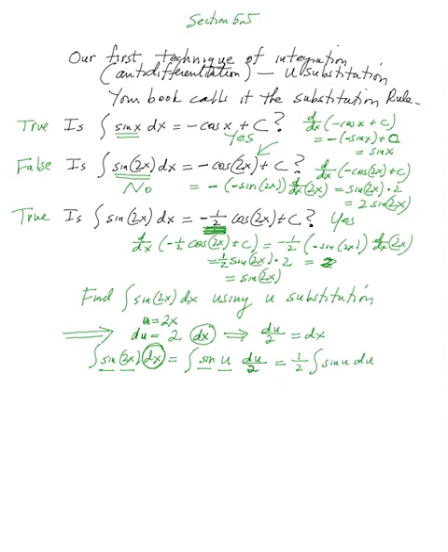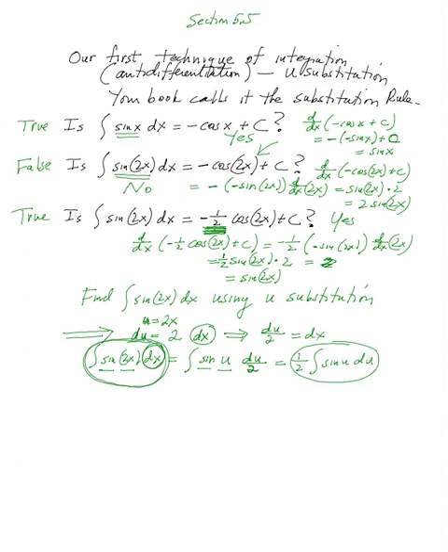The idea is I'm taking a function that's a little bit complicated using the variable x, and I'm replacing it with one that's simpler using the variable u. This original problem, antiderivative of sine 2x, and 1/2 antiderivative of sine u have the same value.